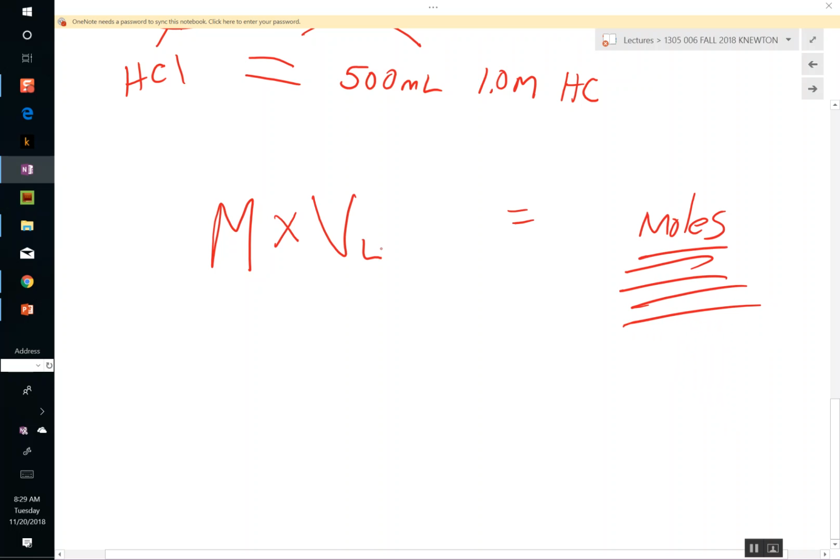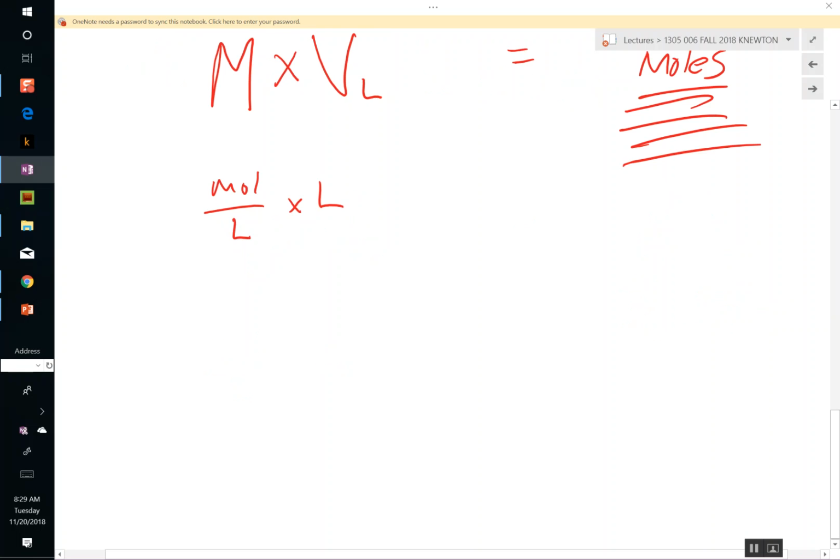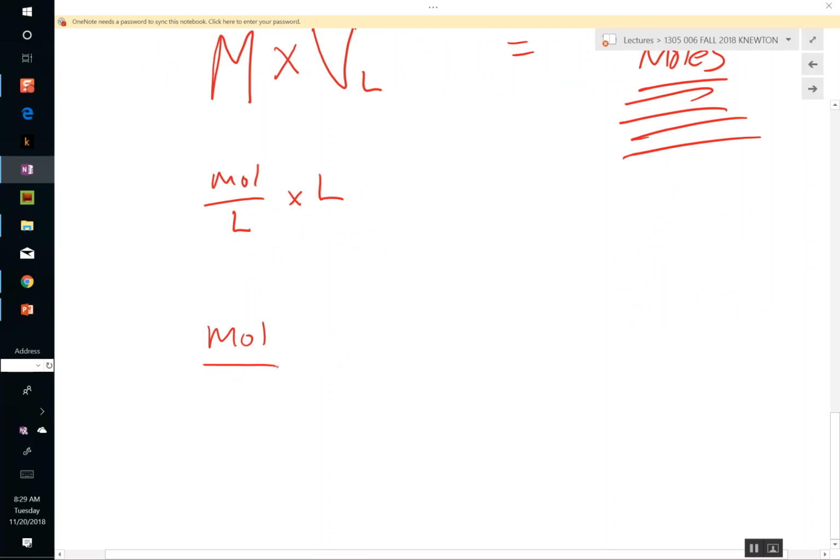Why? Because this is moles per liter times liters. Moles per liter times milliliters is nothing. Milliliters and liters don't cancel out. Follow me?